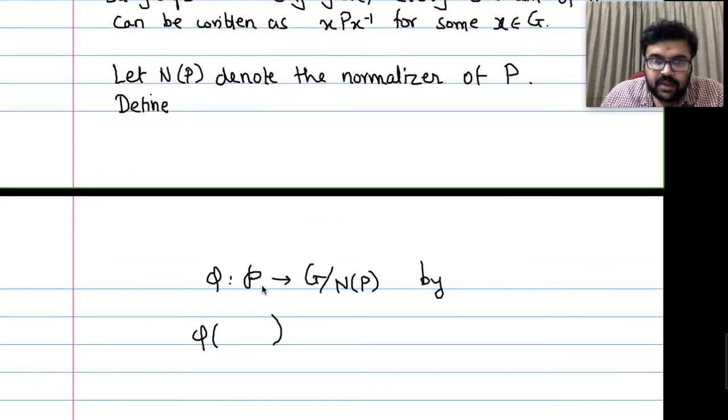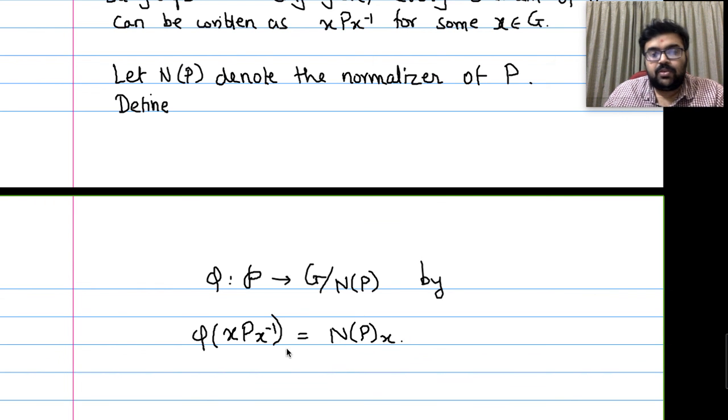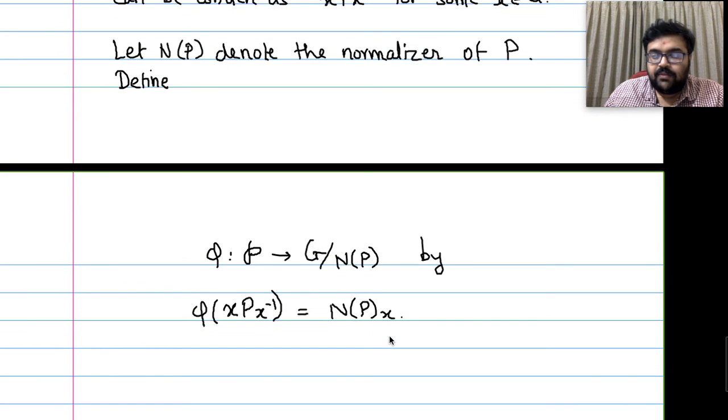If I want to write P, then it is e p e inverse. But any other element can be written as x p x inverse. And once I have this x p x inverse, I need a coset of NP. So the coset of NP will be NP x. Once we have x, we define NP x. Then we show that this is well defined, 1-1 and onto.